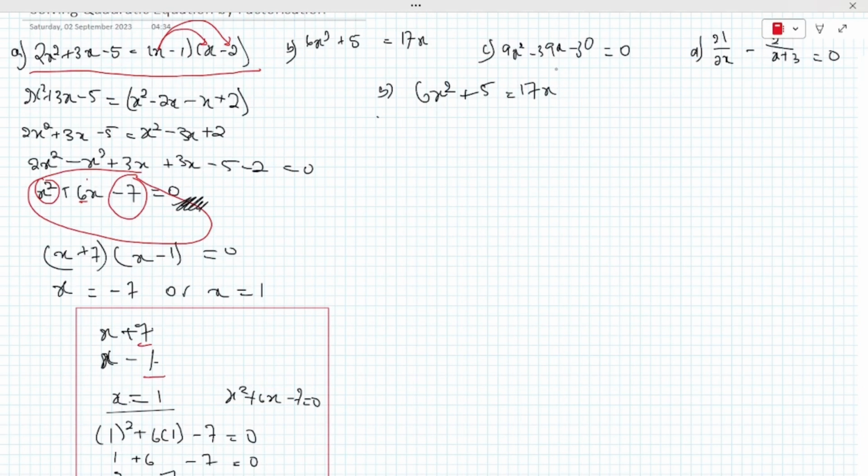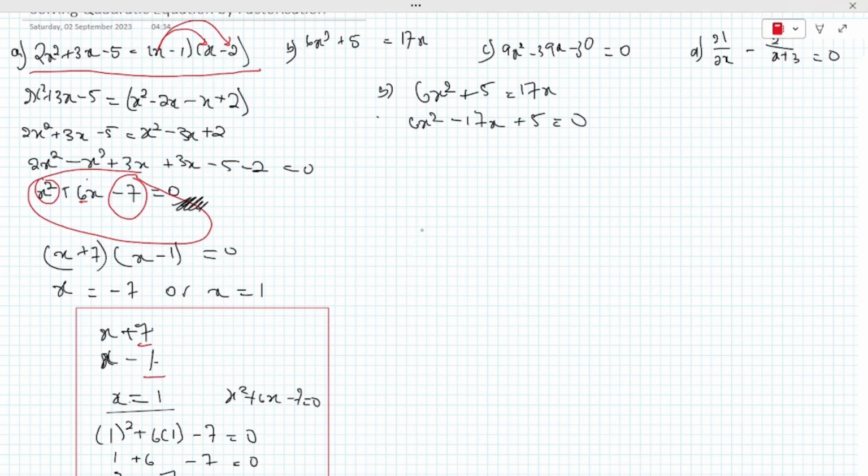You see that the 17 is lonely on that side, and we need to write one expression, because these are polynomials, right? So we need to take the 17 back here to the side. 6x squared minus 17x plus 5 is equal to 0.